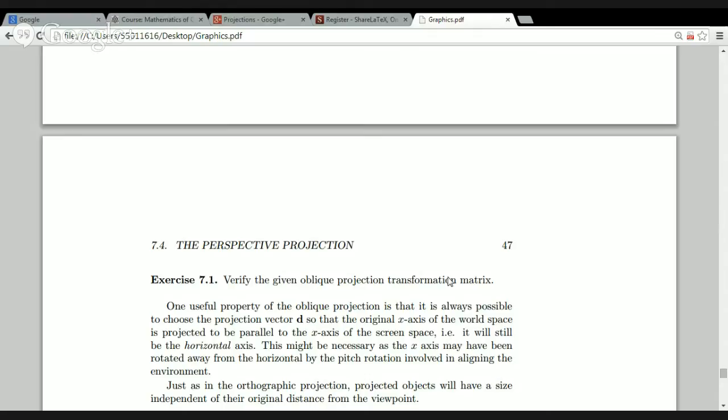So the question is, how far do we travel along the x-axis by the time this projection line intersects the x-axis at z equals 0? Well, you can think of x prime as starting at the x coordinate, and we're going to be adding on a certain multiple of this quantity dx.